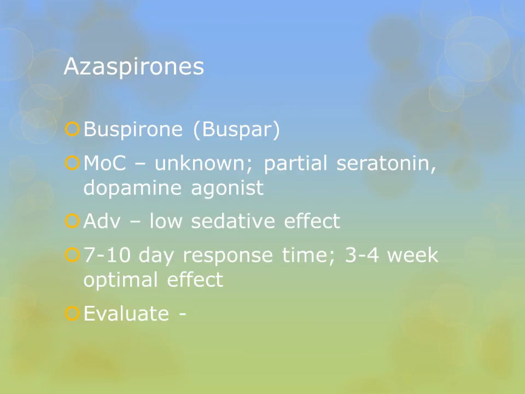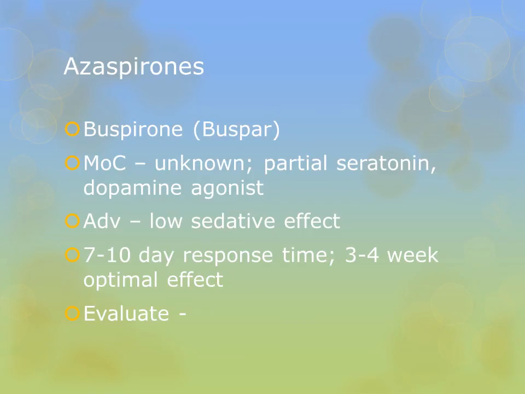It has a very low sedating effect, so not so useful for sleep, but very useful for anxiety. It also does not have the psychomotor effects that we see with barbiturates or benzodiazepines. It isn't related to those drugs, and it doesn't affect GABA.